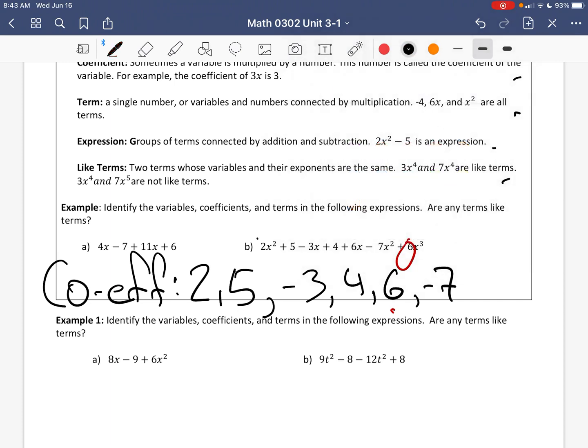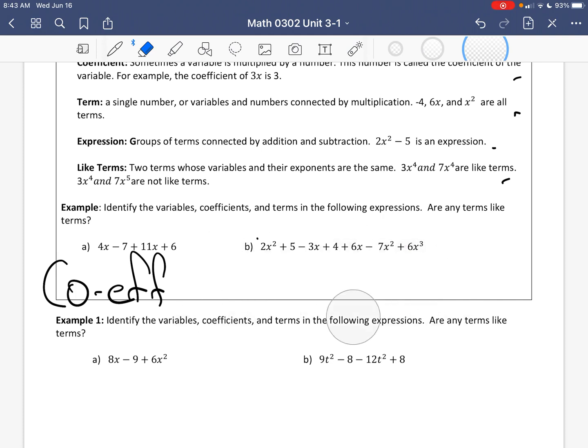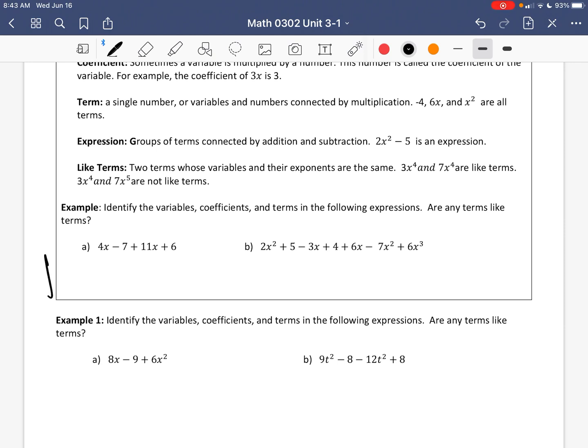Now let's identify the terms. Again, the terms are just the individual pieces. Let me clean this up here. The first term will be the 2x squared.